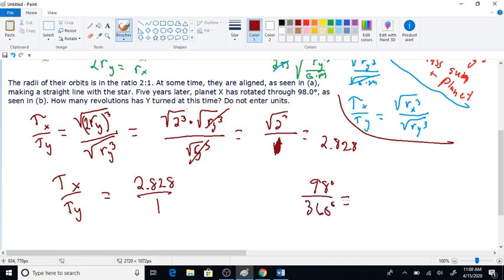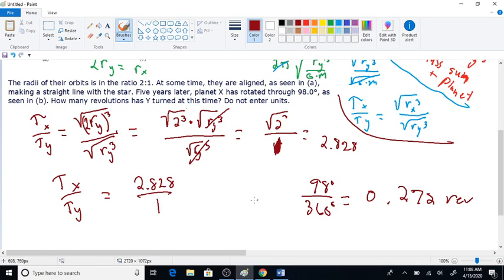So we divide this, and 98 divided by 360 is 0.272 revolutions. So if this went this far, how much did the other do? Well, you simply take this, and for every one revolution, the orbital period is this. This is how long it takes to do one revolution, and this is how long it takes to do one revolution.